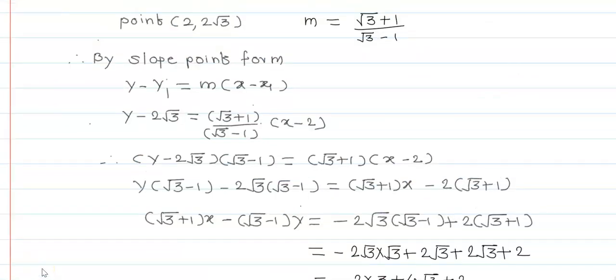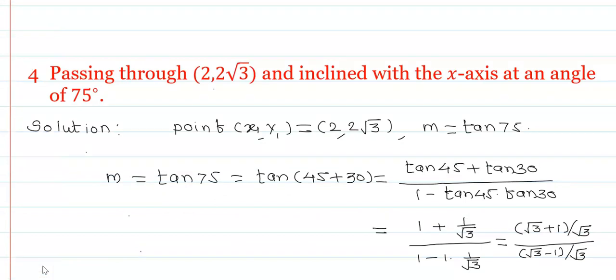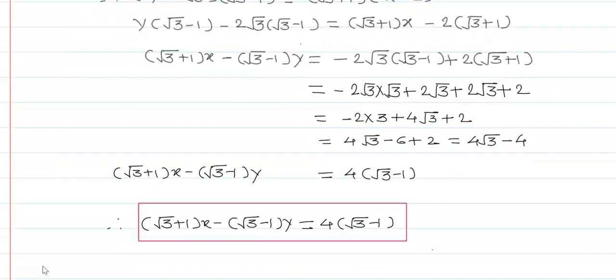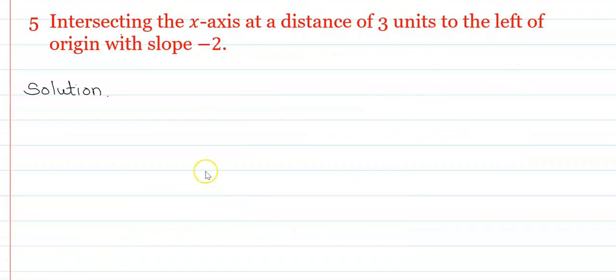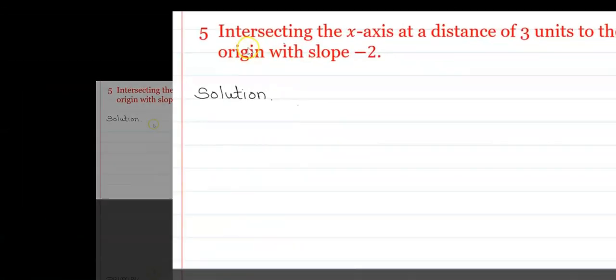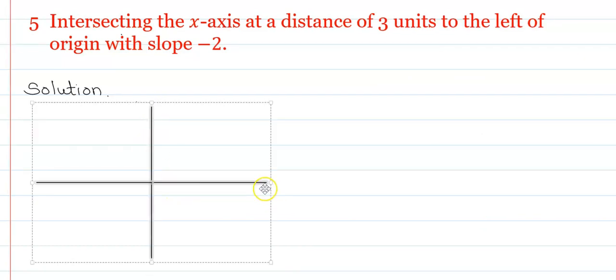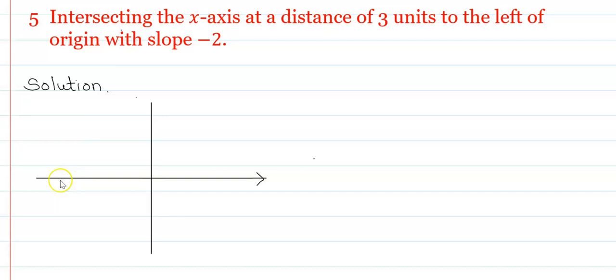You can see this. Now the next problem: find the equation of the line intersecting the x-axis at a distance of 3 units to the left of origin with slope minus 2. Now you can see here, suppose we draw this figure like this: this is the x-axis and y-axis.